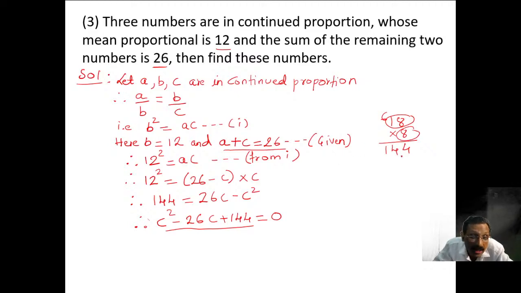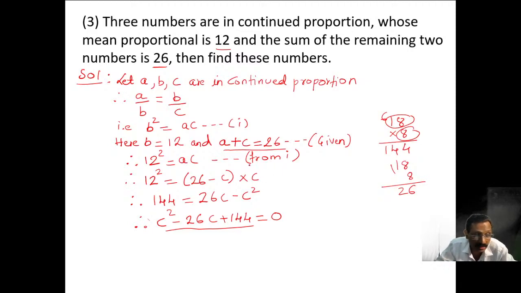I get plus 144, correct. But what I said is, when you add these, what you have to get is 26. So can I use plus 18 and plus 8? Let me add 18 plus 8 and see. 8 and 8 gives me 16. This gives me 26. But what I need here is minus 26.